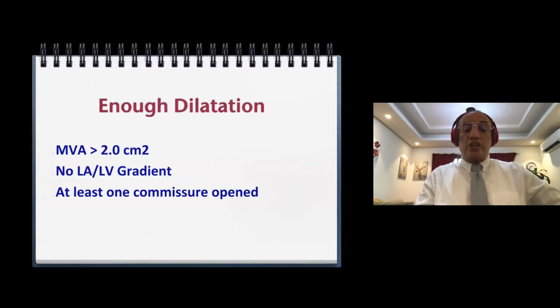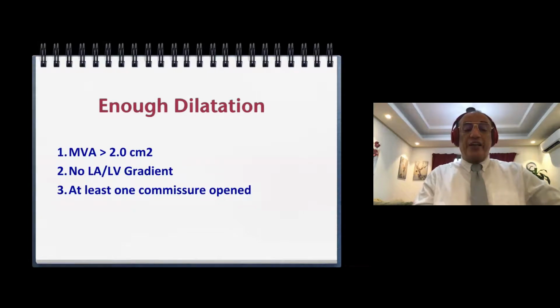When to stop dilatation? If you get an area of 2 centimeters squared or more, no left ventricular to left atrial gradient, I mean the diastolic gradient came to 0. If the patient developed mitral regurgitation, it's enough to dilate even if there is a residual gradient.